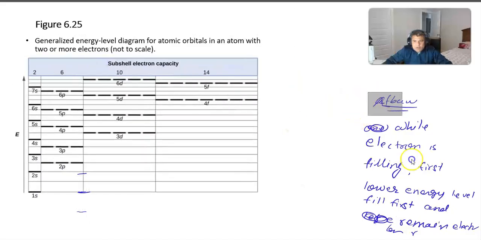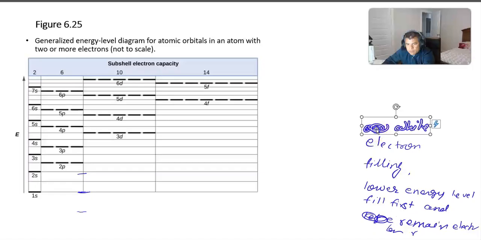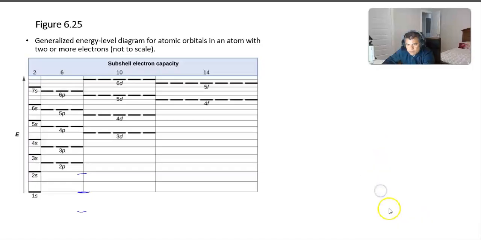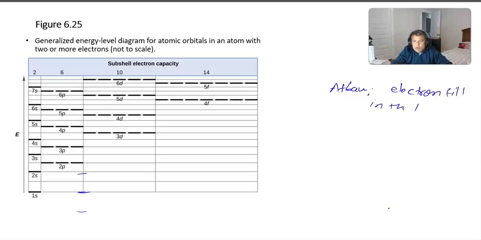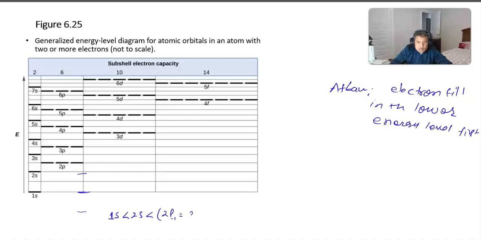So this is the Aufbau principle. The Aufbau principle says that the electron fills the lower energy level first. Okay, so what is the energy level? 1s is less than 2s, 2s energy is less than 2p minus 1, which equals 2p 0, which equals 2p 1.